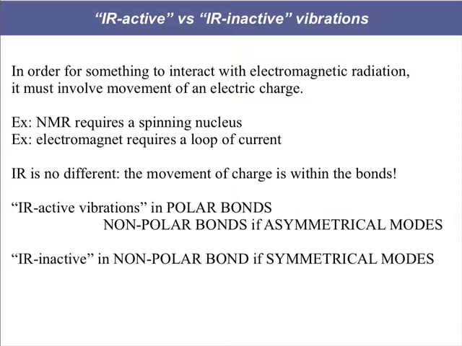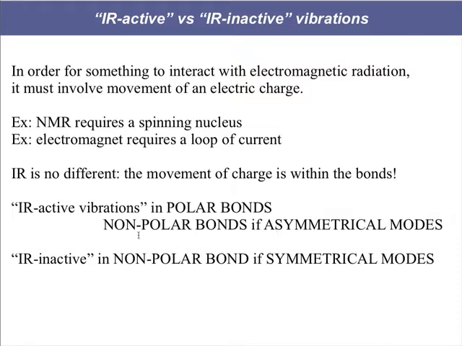When they're far away from each other, we've got more charge. When they're closer to one another, they've got less charge. So as these bonds vibrate, they will be moving charge around, and that allows them to interact with the infrared light. So IR active vibrations will be in polar bonds or non-polar bonds if they are asymmetrical modes.